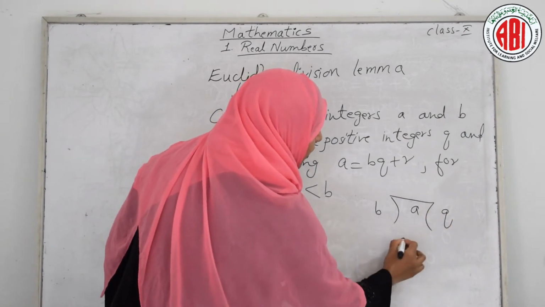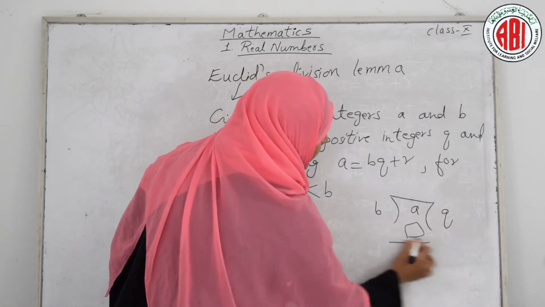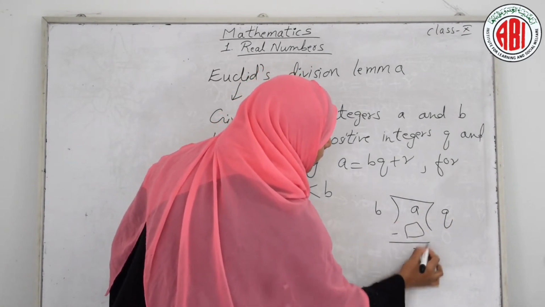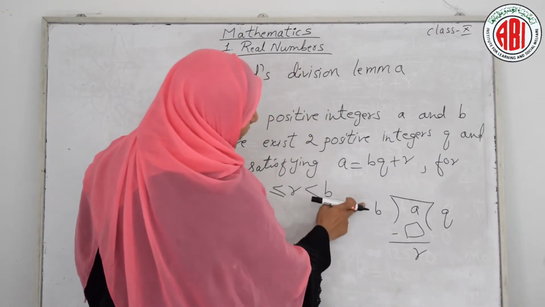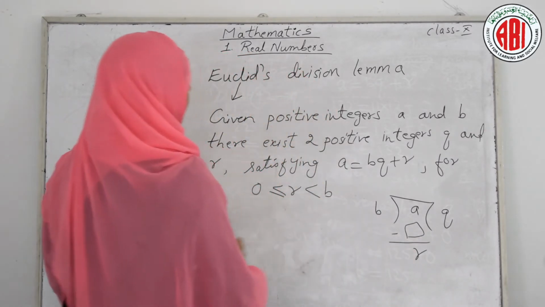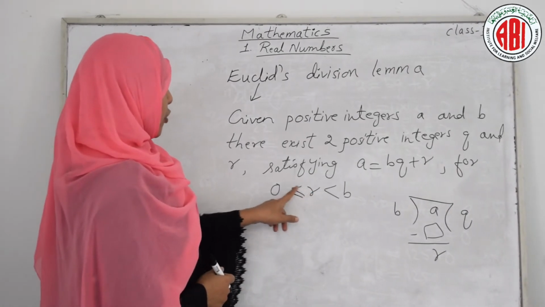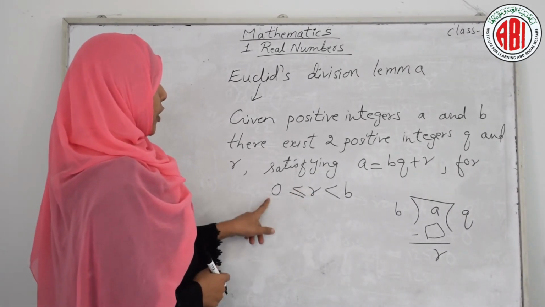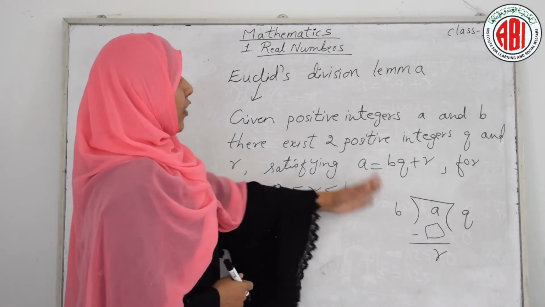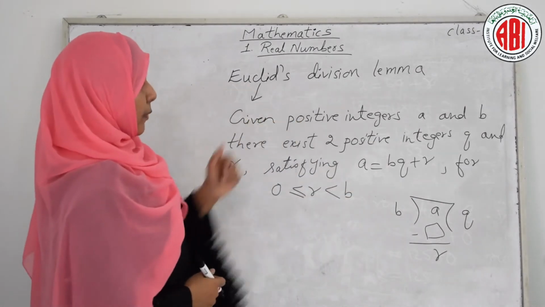If you multiply, we get some answer, then after subtraction we get the remainder. That means the remainder should always be less than the divisor. That's why the remainder R should always be greater than or equal to 0 and less than B. For this condition you have to use Euclid's division lemma.